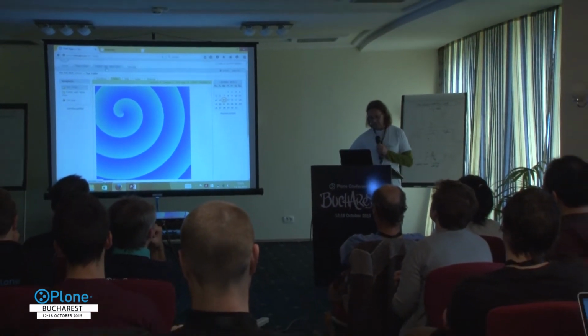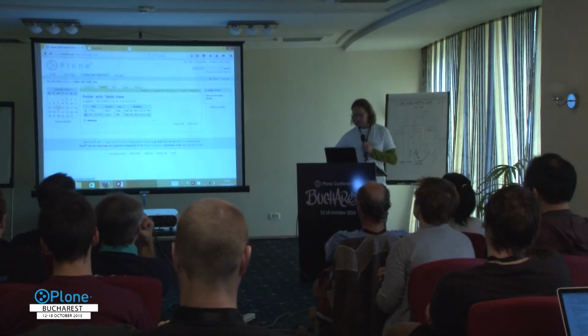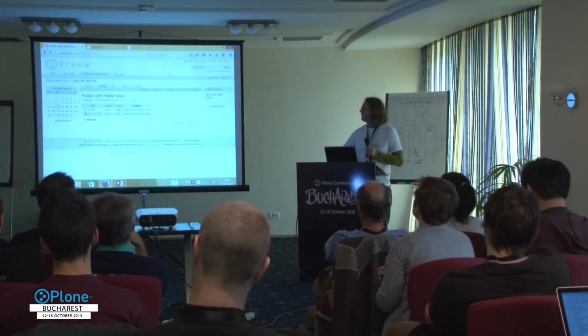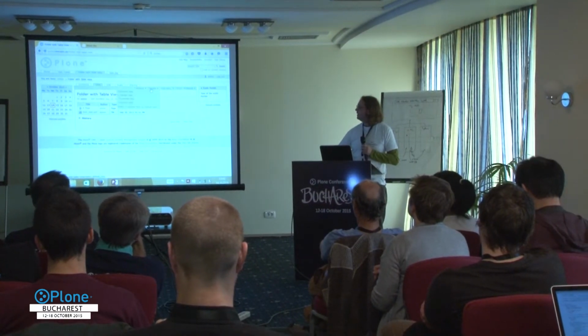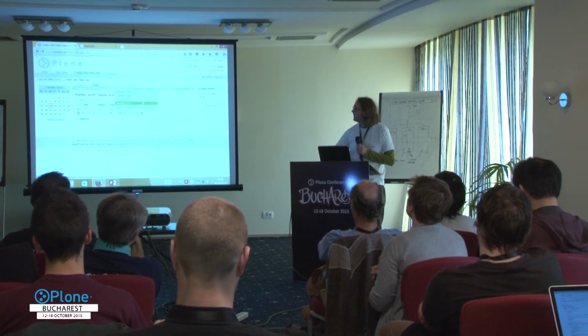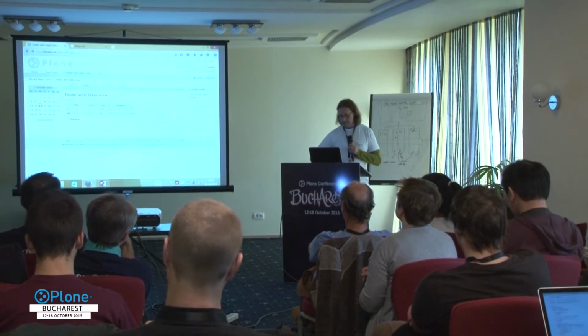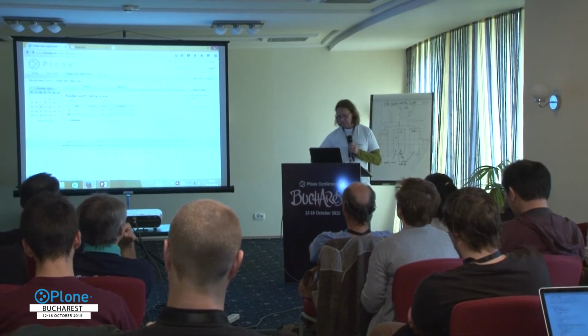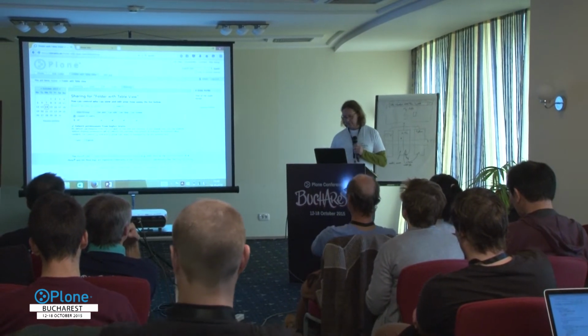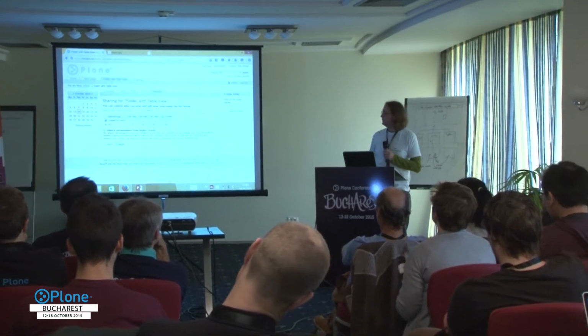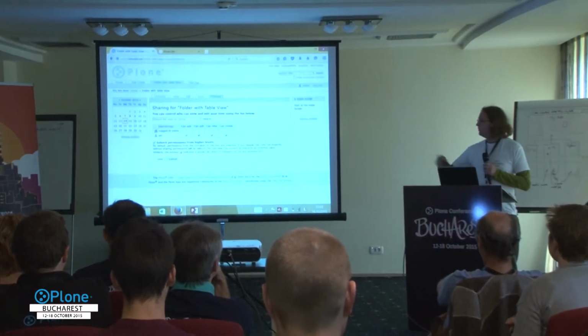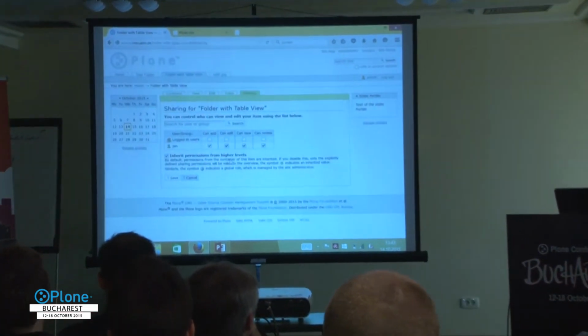We have an additional folder with the tabular view template selected. And we have some local roles in the sharing tab. I created a user called Jan and gave him some local rights on this one.